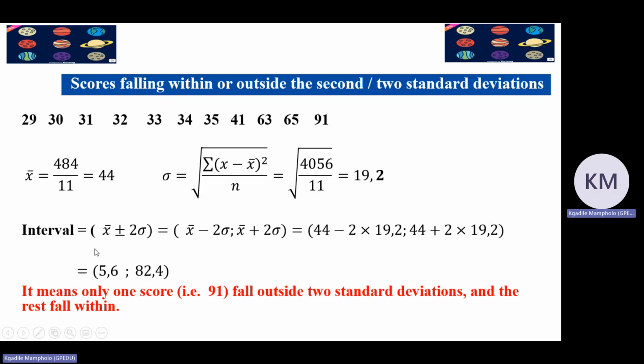Therefore, the lower limit will change to be 5,6, and even the upper limit will also change. So what does this mean? It means that in this data set, 10 learners performed within 2 standard deviations, because from 29 to 65, they're between 5,6 and 82,4. It means only one learner performed outside the second or 2 standard deviations.